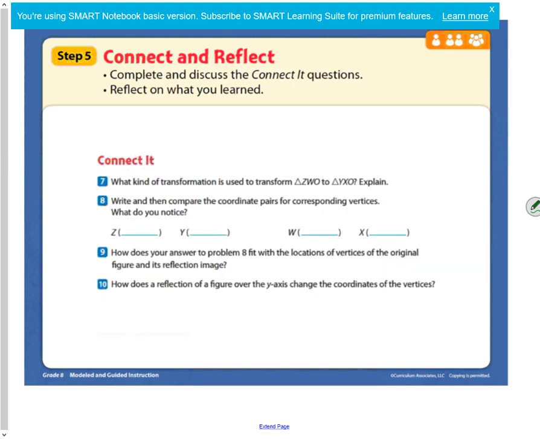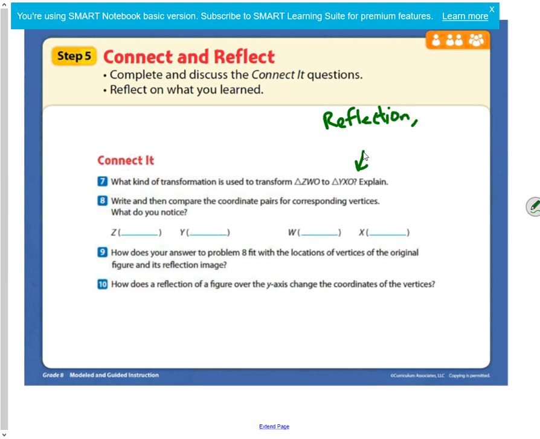Let's talk about a couple of the questions in your book. Go to question number 7. What kind of a transformation is used to transform ZWO to YXO? Okay, hopefully you already answered that. But make sure you have an explanation. It is a reflection. How do you know it's a reflection?